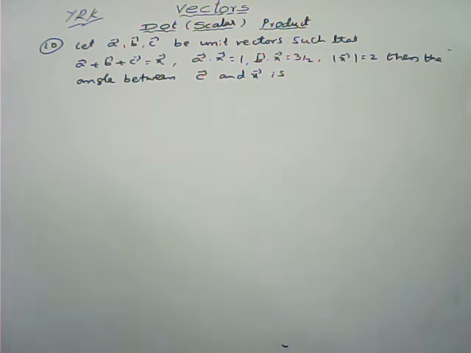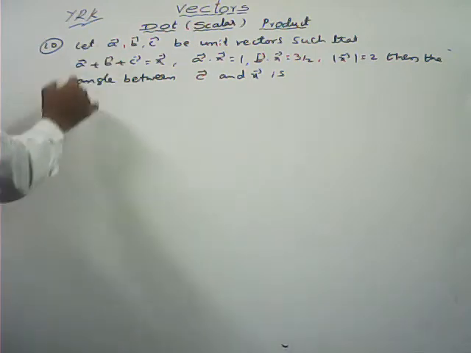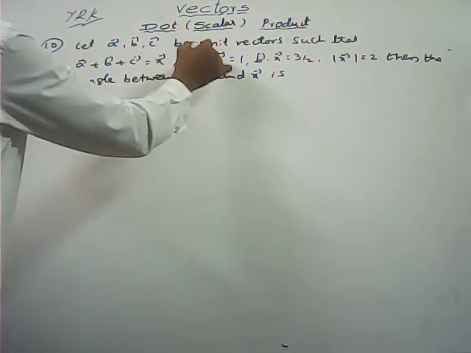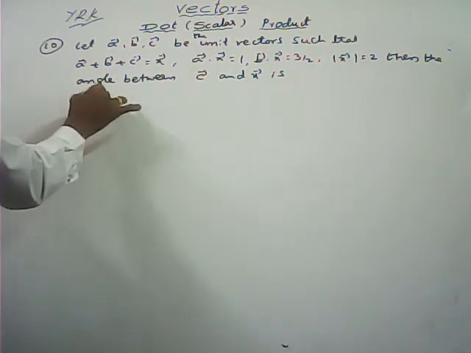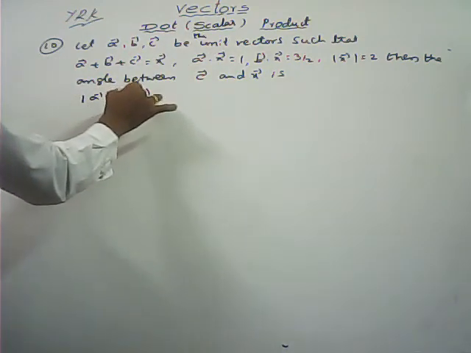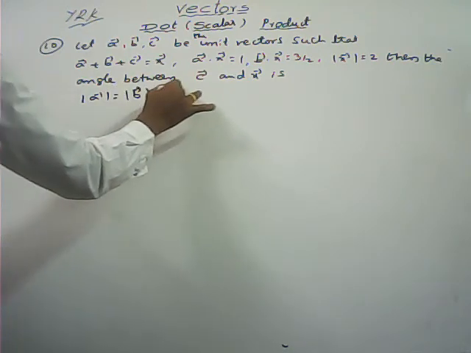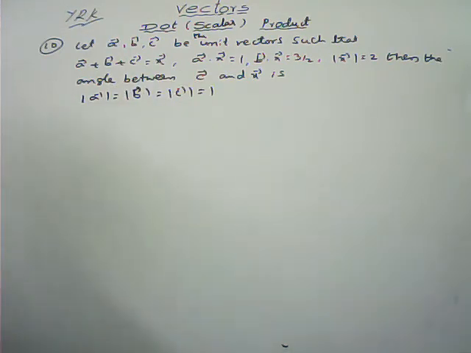Next one, let a bar, b bar, c bar be 3 unit vectors such that, so these are the 3 unit vectors. Here we can write modulus of a bar is equal to modulus of b bar equals modulus of c bar, all equal to 1.